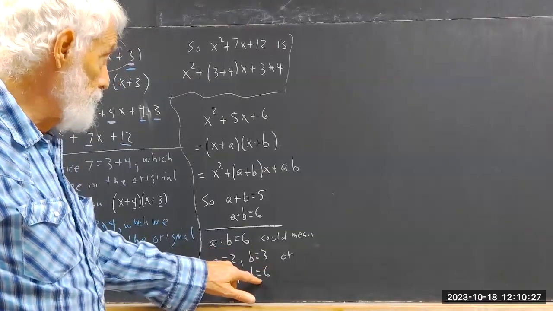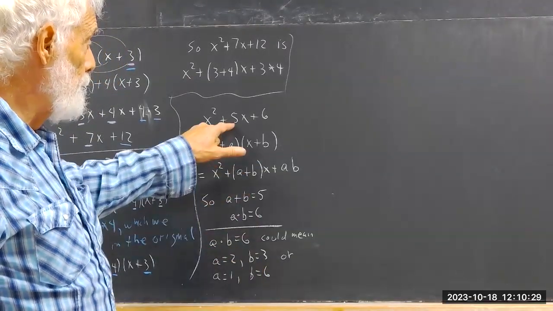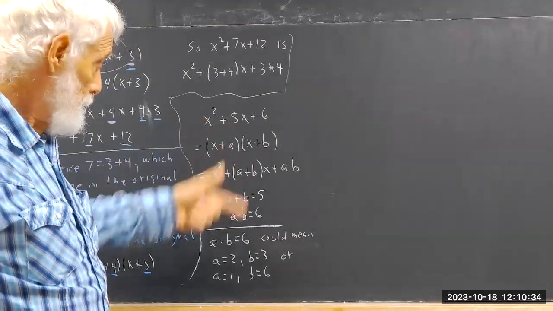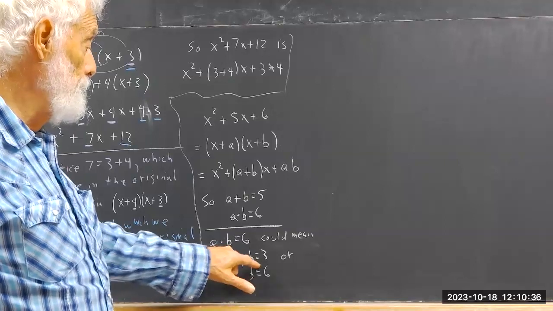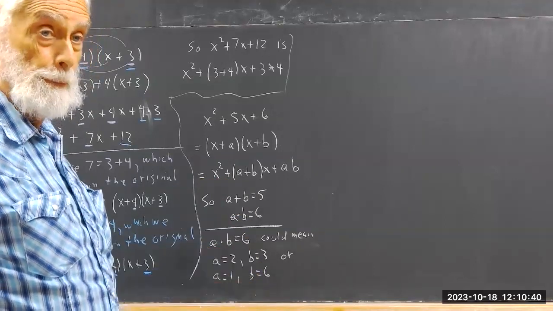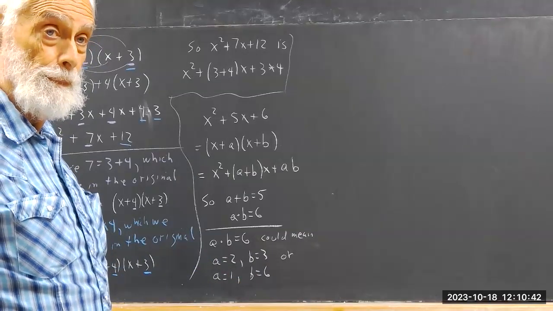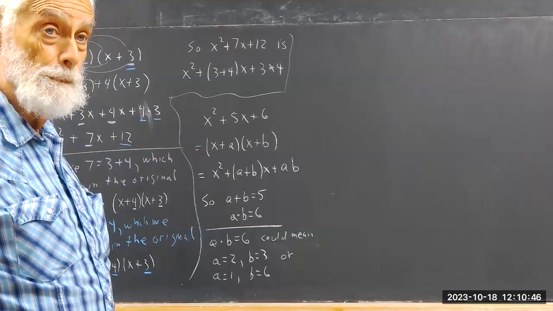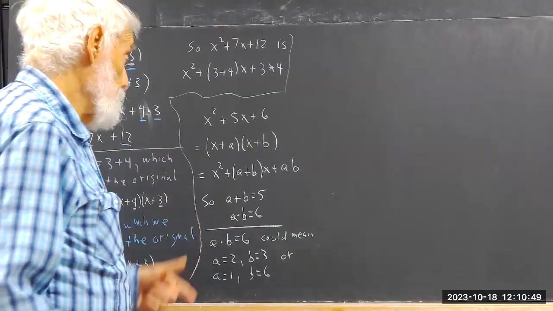If we use 1 and 6, then what we get in front of x is 7, because a plus b is 7. Okay, what do we get if a is 2 and b is 3? What's a plus b? What's 2 plus 3? 5. It's 5. 2 plus 3 is 5.